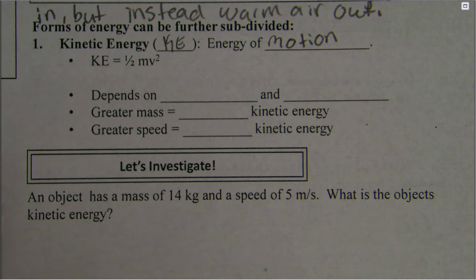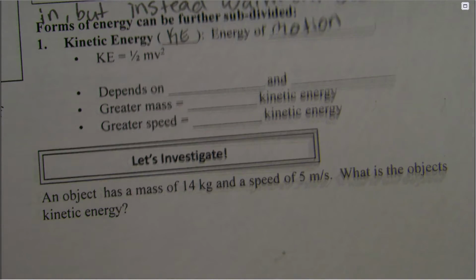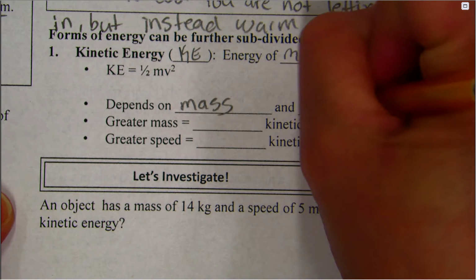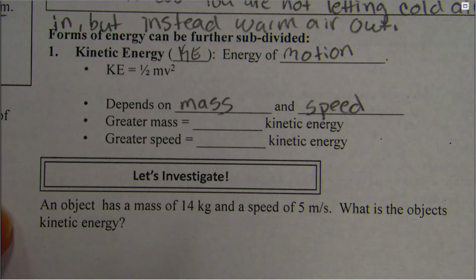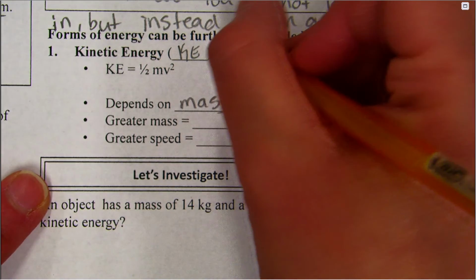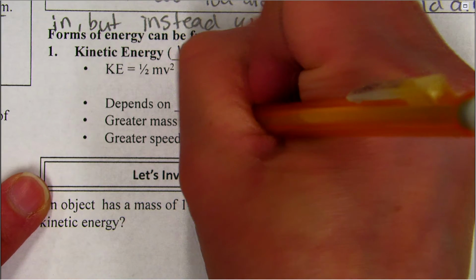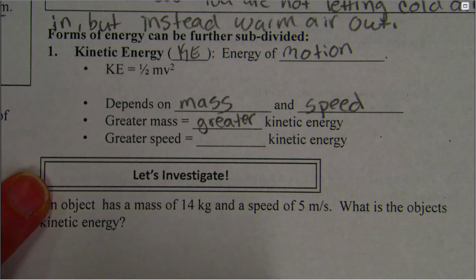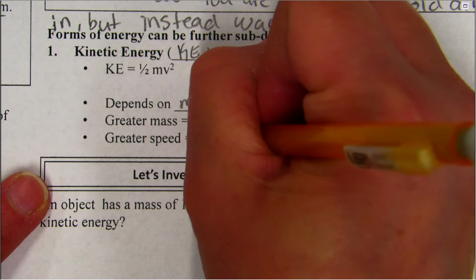Now, kinetic energy is going to depend on a couple of things. It is going to depend on the mass, and on the speed at which the object is moving. A greater mass is going to cause a greater kinetic energy, and a greater speed is also going to cause a greater kinetic energy.